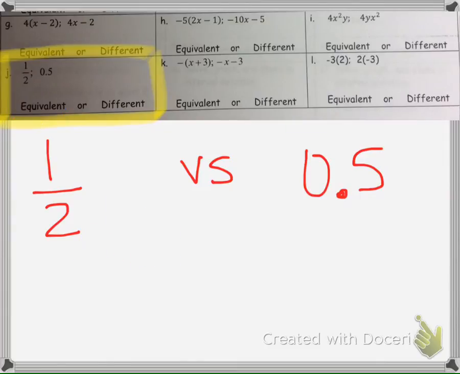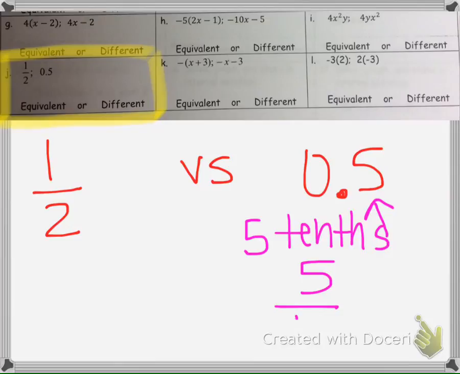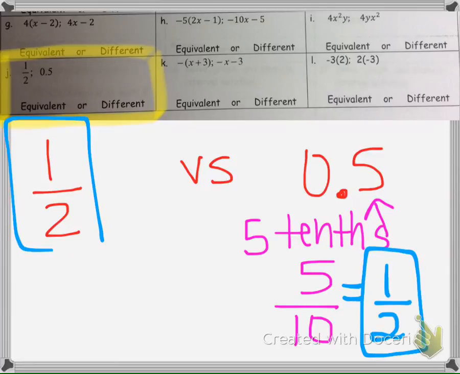Another way to show that they are equivalent is if I read this decimal, this is read as 5/10. So 5/10 looks like this. And 5/10, 5 is half of 10, so it simplifies to a half. So they are the same.